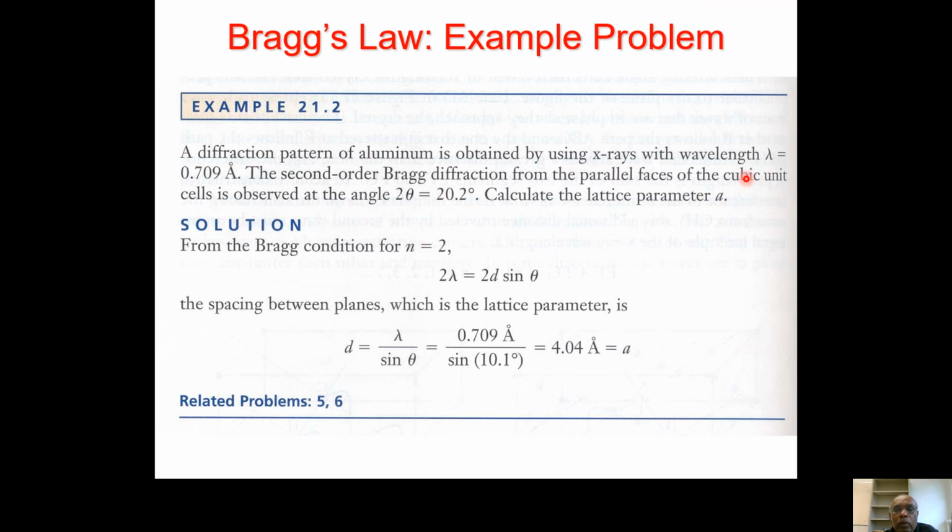If you want to calculate a, how do you calculate it? From the diffraction equation, we know 2d sine theta equals n lambda, but here n is 2. So from here you can find d as lambda over sine theta. Remember, this is 2 theta, so theta is 10.1. If you calculate that, you get 4.04. Then we can show that d is almost like the lattice parameter a for this FCC lattice here.